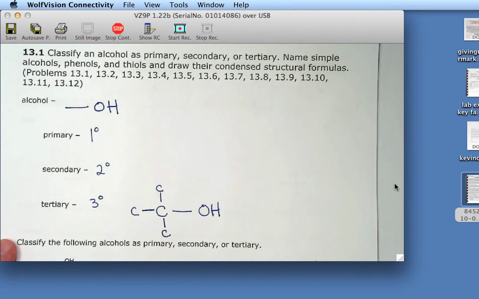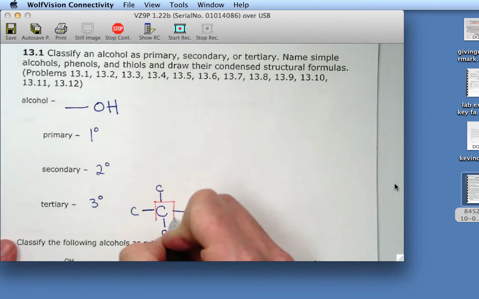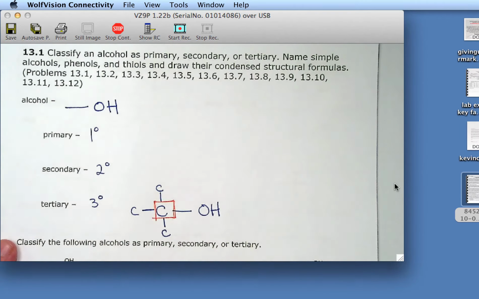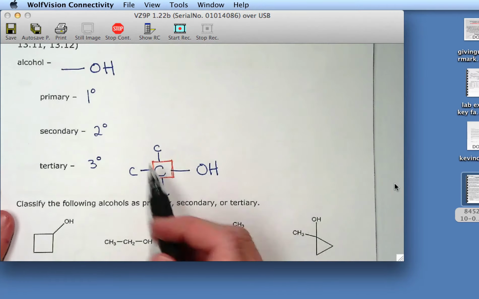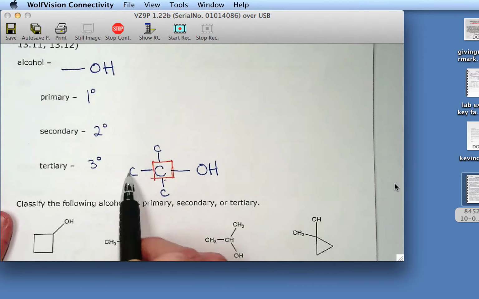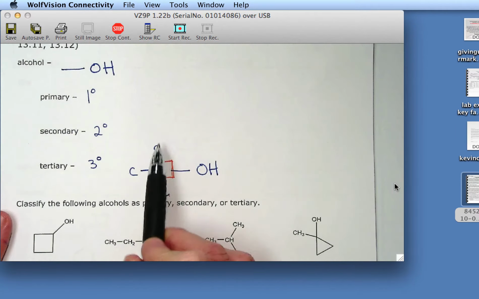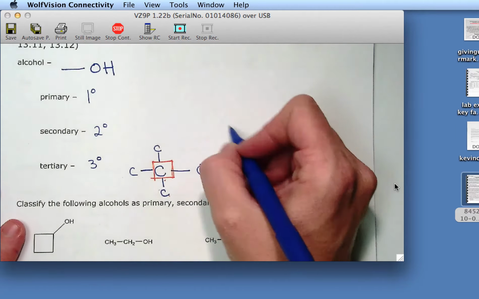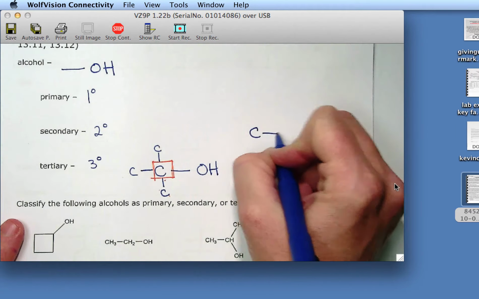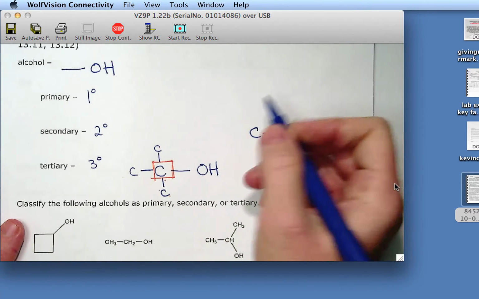So that's tertiary. You're looking at the carbon here. That carbon has 3 non-hydrogen bonds. That makes it tertiary. For secondary, you have your C-OH bond.